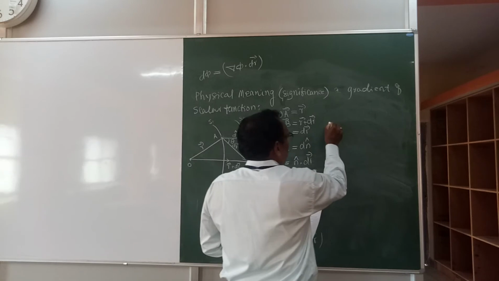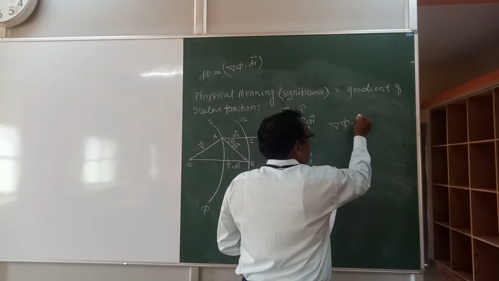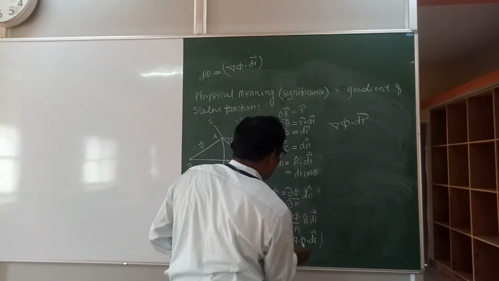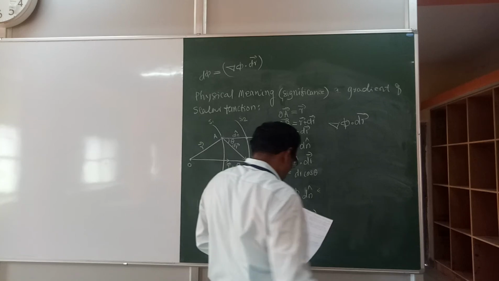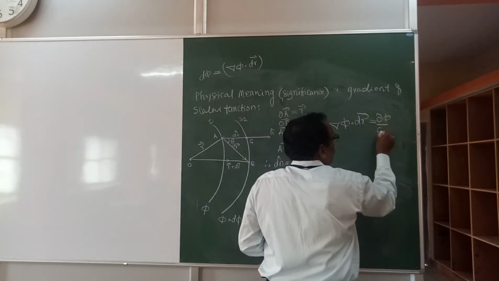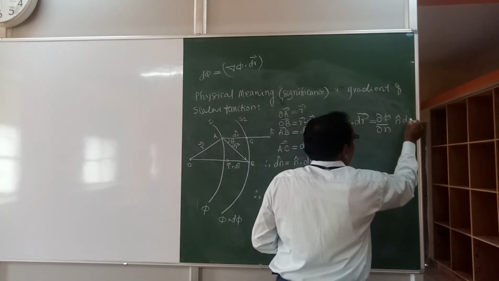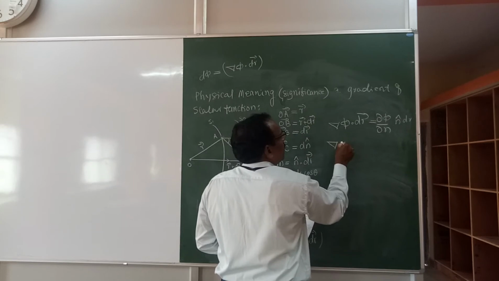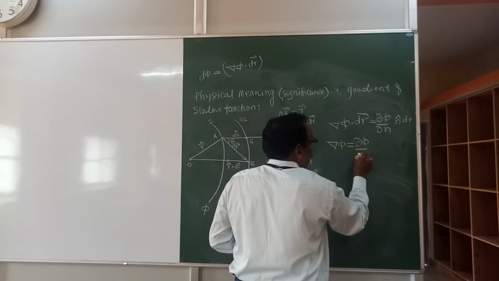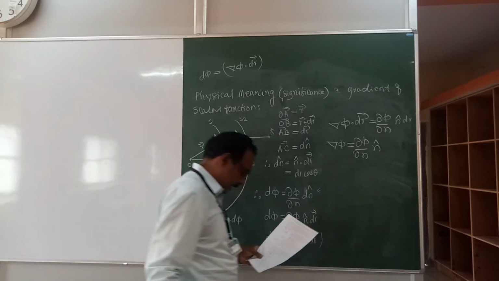So del phi dot dr, that is this, is equal to dou phi by dou n, say n dr, or del phi is equal to dou phi upon dou n, say unit vector n.